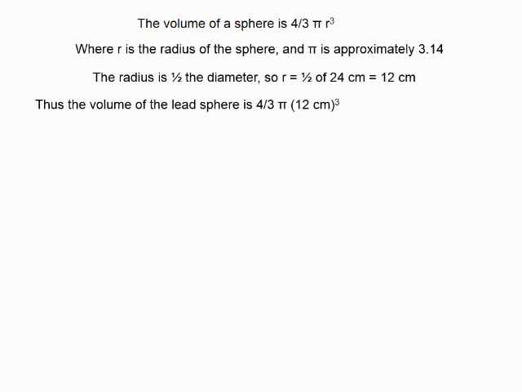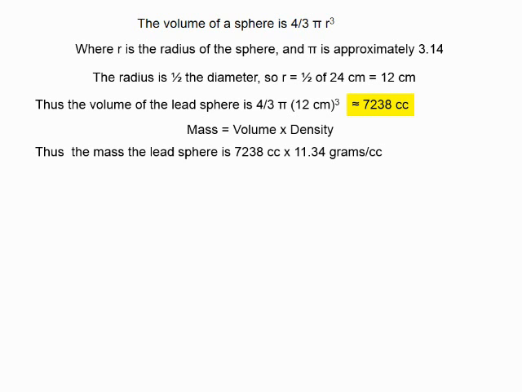Thus the volume of the lead sphere is 4/3 pi times 12 centimeters cubed, which is equal to 7,238 cubic centimeters. Mass is equal to volume times density. Thus the mass of the lead sphere is 7,238 cubic centimeters times 11.34 grams per cubic centimeter, which is equal to 82,079 grams, or approximately 82 kilograms.